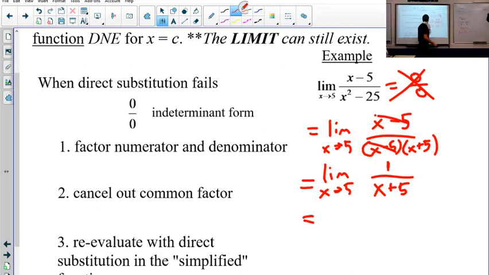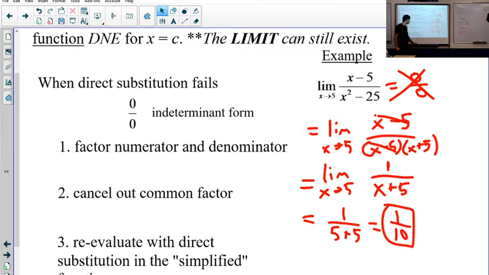So now once we have this, we can plug it in. 1 over, plug in 5, that's going to be 1 over 10. So those are the steps. Factor top and bottom, get something to cancel on the top and bottom, and then see if you can plug in the number. Let's try another one.